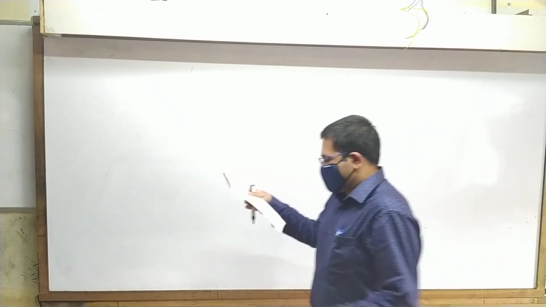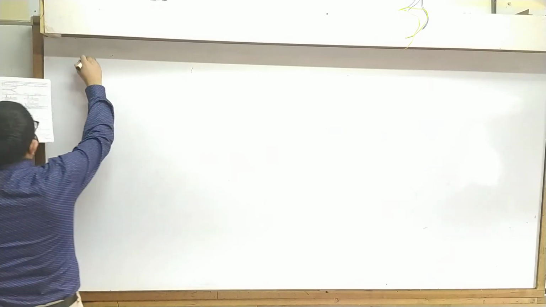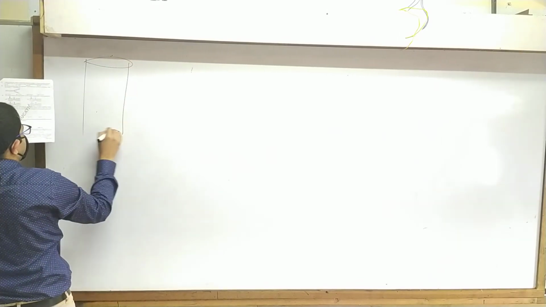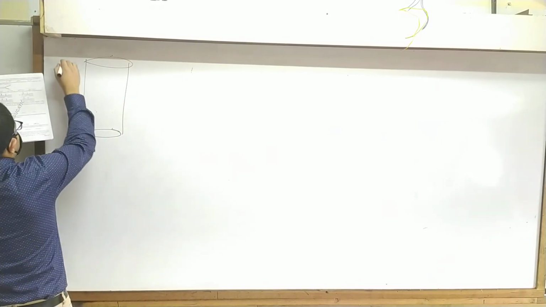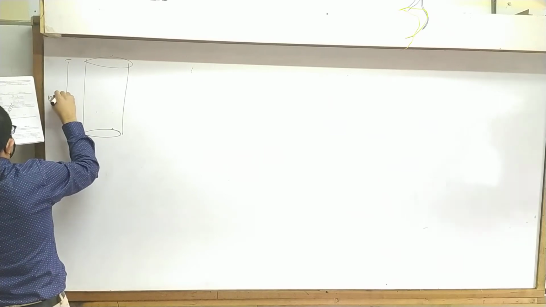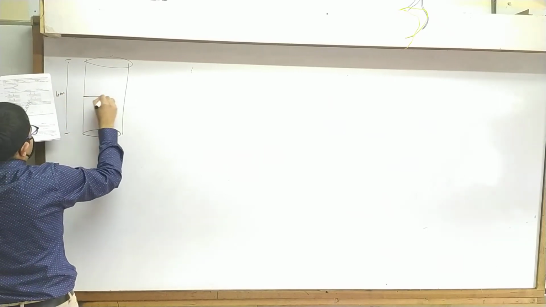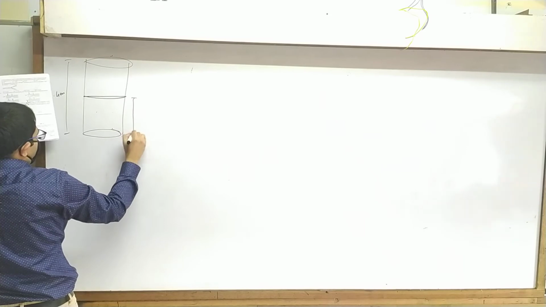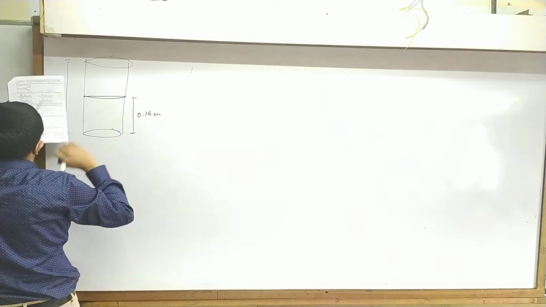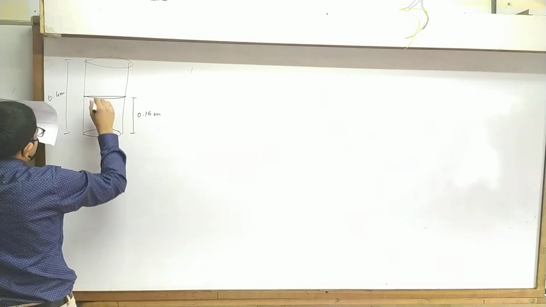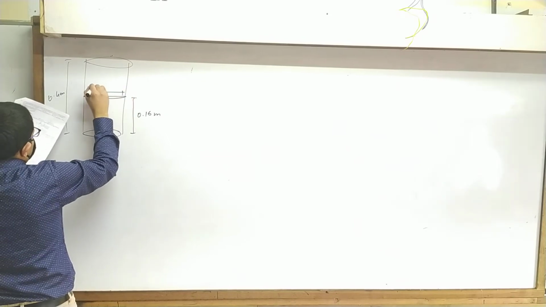Okay, did you all draw the diagram? The tank is given, a large tank, of height 0.4 meter, and it is filled up to a height of 0.16, and it also has a diameter of 0.16 meters.